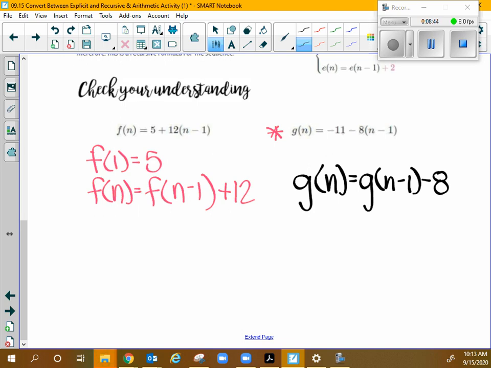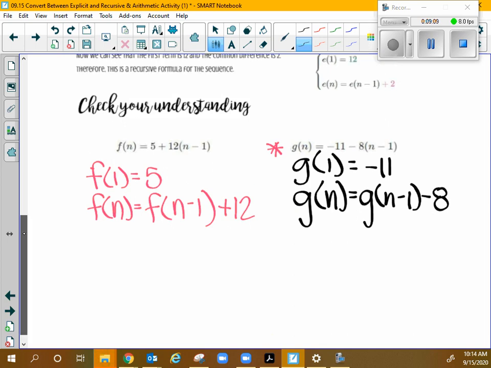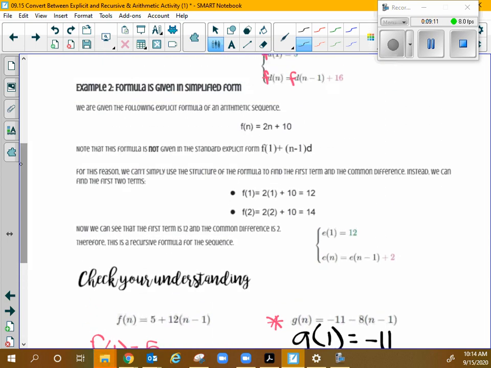Make sure you can't build a sequence with just a pattern, because a sequence doesn't always start in the same place. You have to know where it starts. So if you do not have the first term, you do not have the full answer, because I can't build something not knowing where it starts. All right? Okay. So now I'm going to go back up to this example 2.